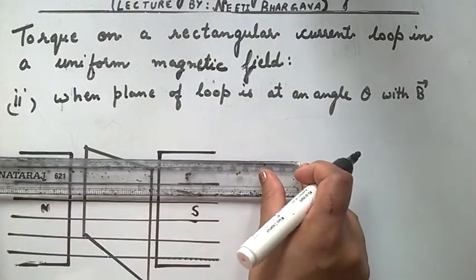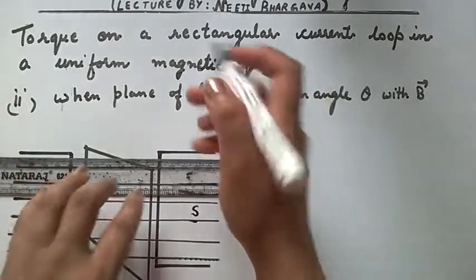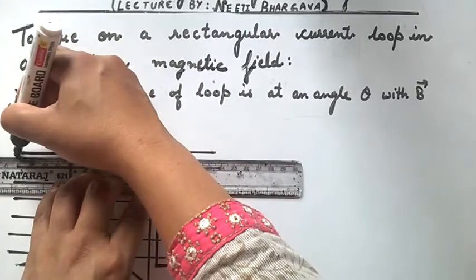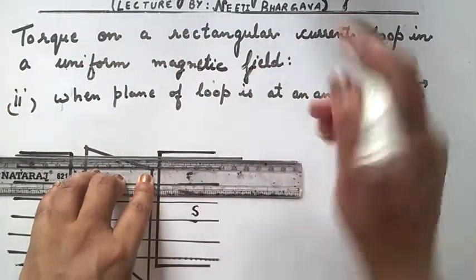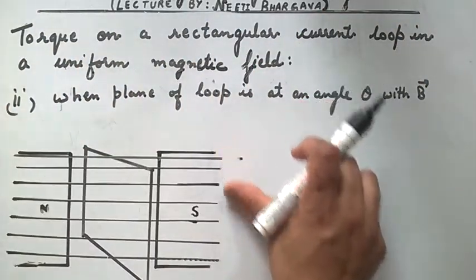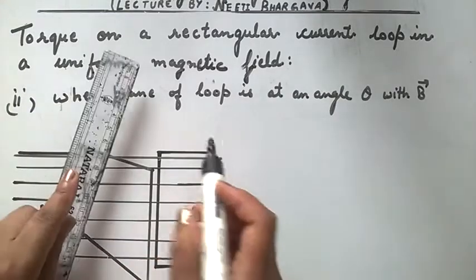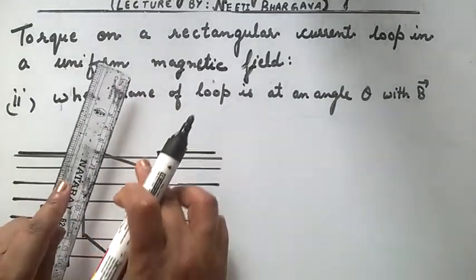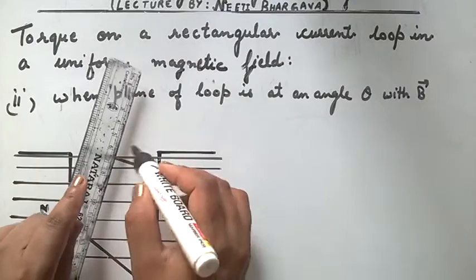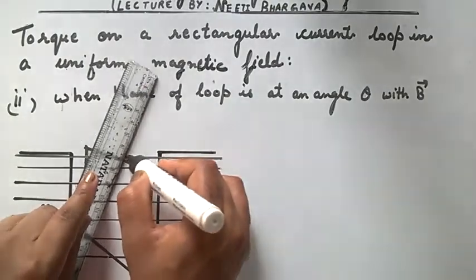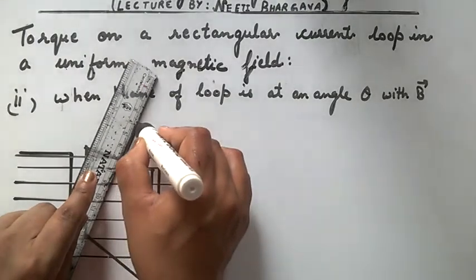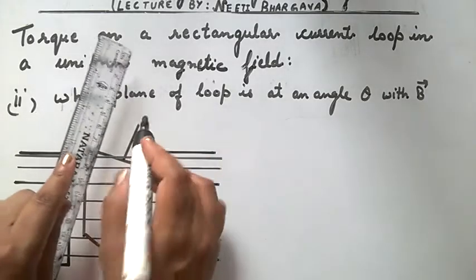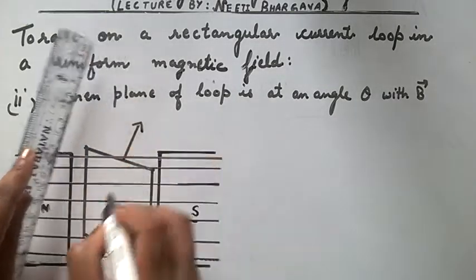Let's draw one more line of magnetic field. The area vector is normal to the plane of the loop, normally outward. The direction of current is anti-clockwise.